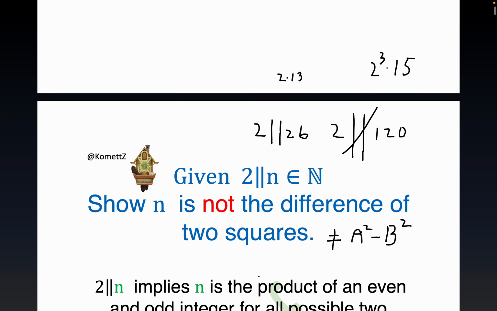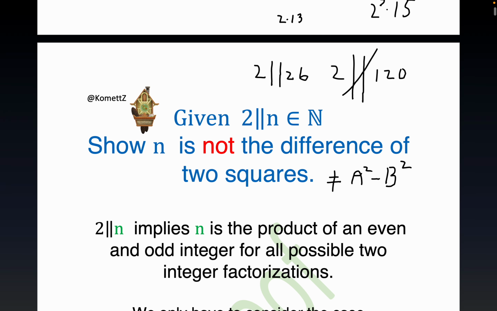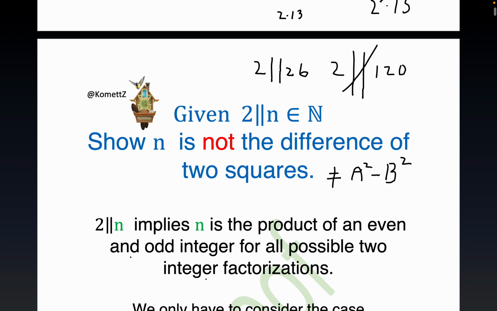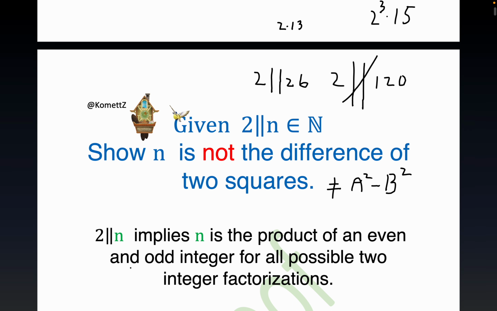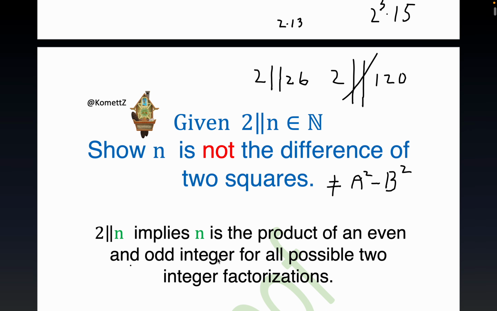Now, an important observation, I won't try to prove it. If 2 divides an integer n exactly, or fully, I think I've seen it in some textbooks, that implies n is the product of an even and an odd integer for all possible two-integer factorizations, just two integers. So, for example, the one we just did, I think this is pretty clear.